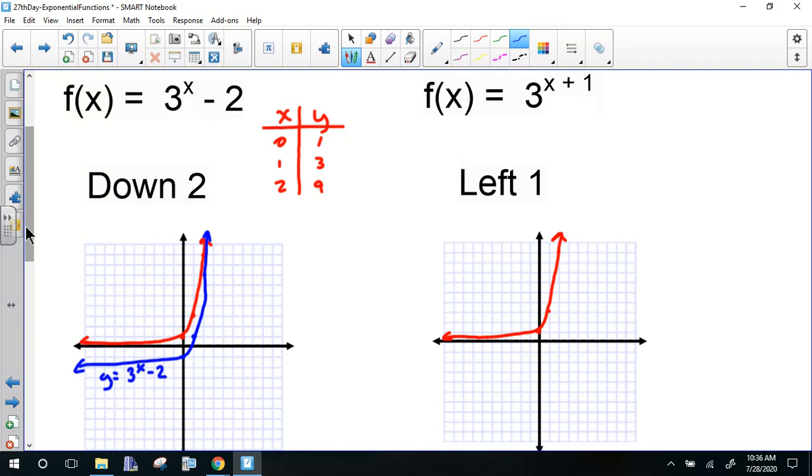Remember, if it's inside, it sort of acts like the opposite of what you would think. So each one of these is going to move left 1. It'll look like that. The blue one is 3 to the x plus 1.